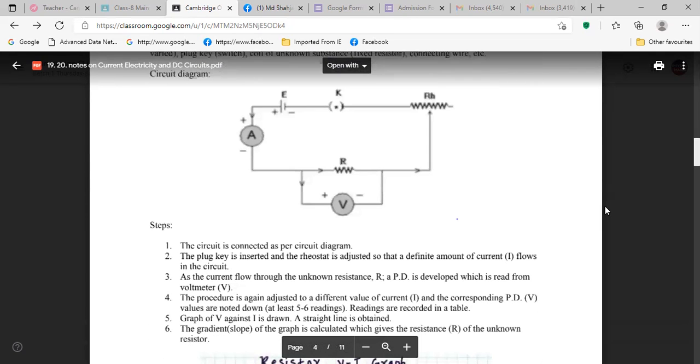Okay, so you see the circuit diagram. We have here E. E is the cell. K is the key. RH is the variable resistor. In short, it is called rheostat, that's why it is written RH.